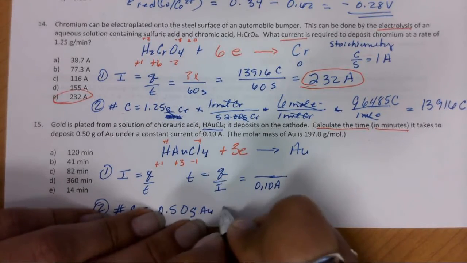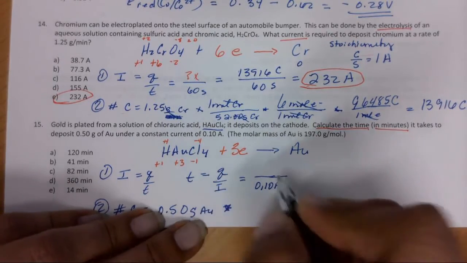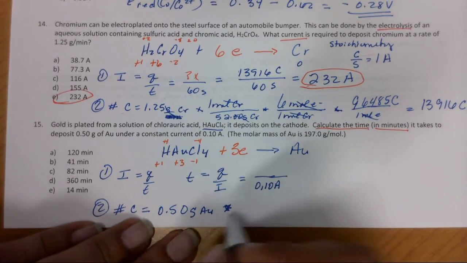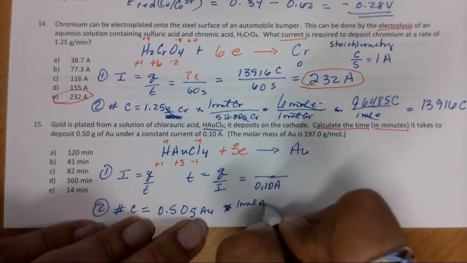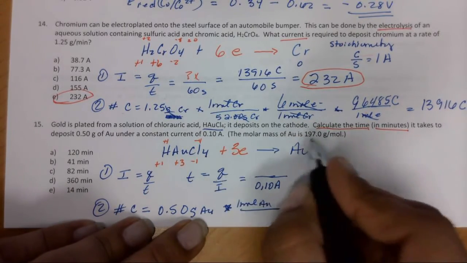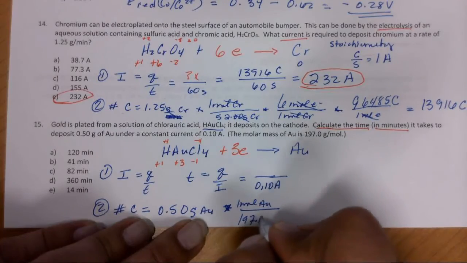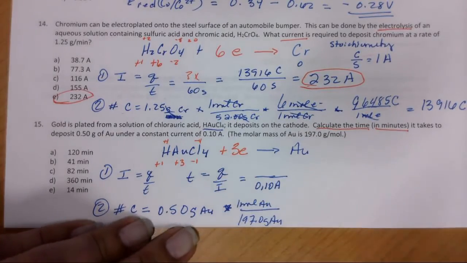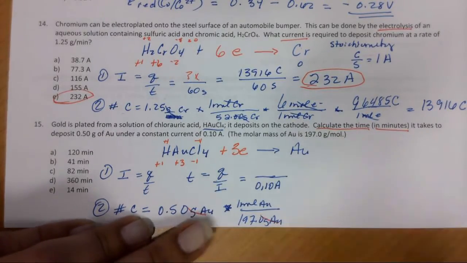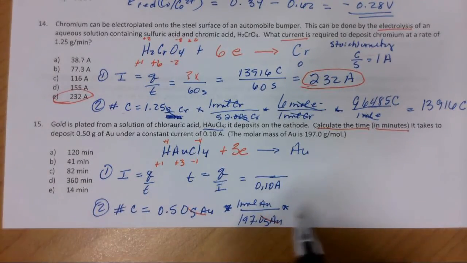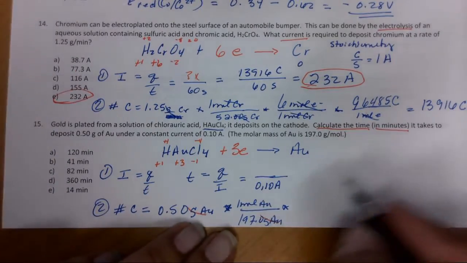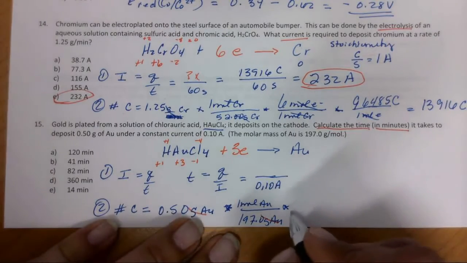Then we're going to use the molar mass of gold to go from grams to moles. So we know that for every 1 mole of gold, we've got how many grams? 197.0 grams of gold. We're going to cancel these units. What's the next step we always do in these stoichiometry problems? A mole-to-mole ratio, but of what?